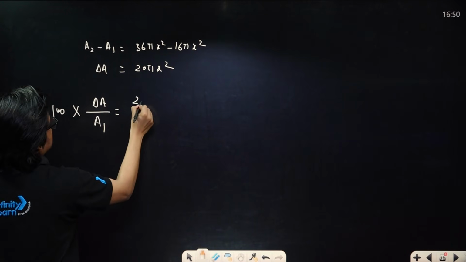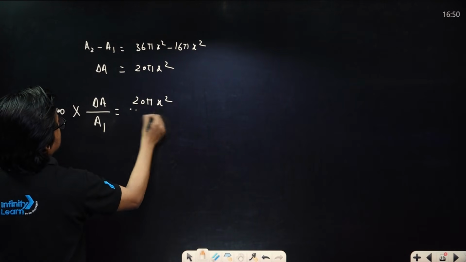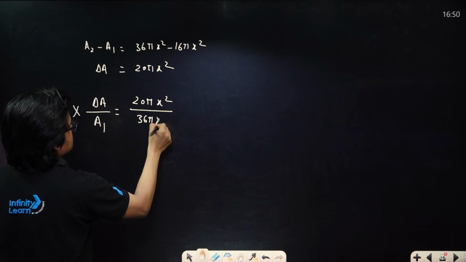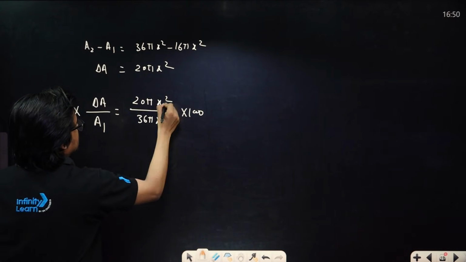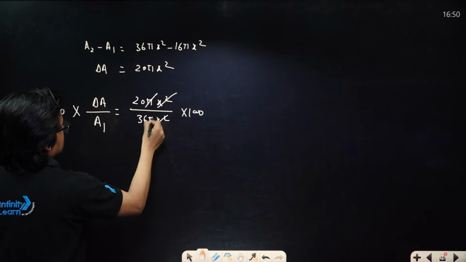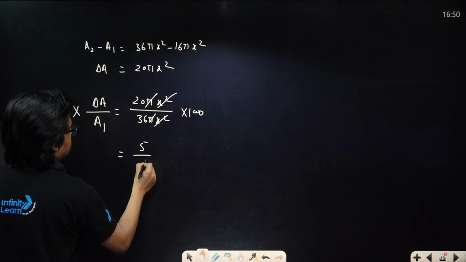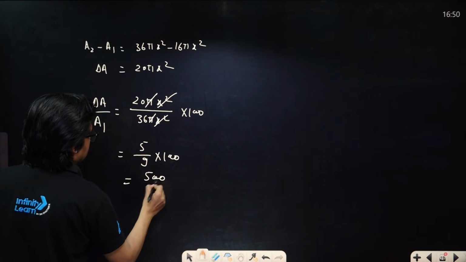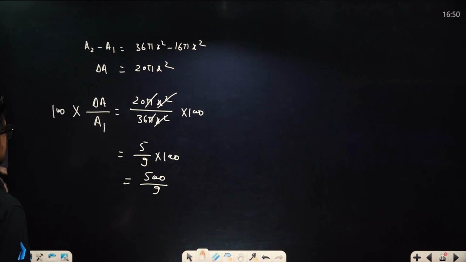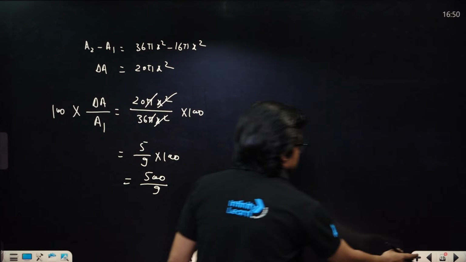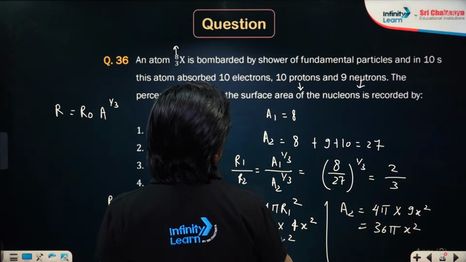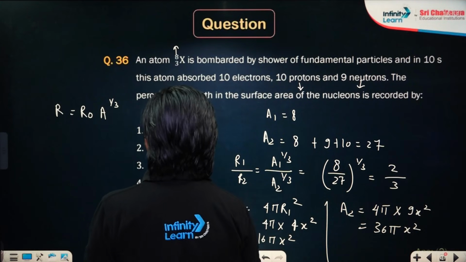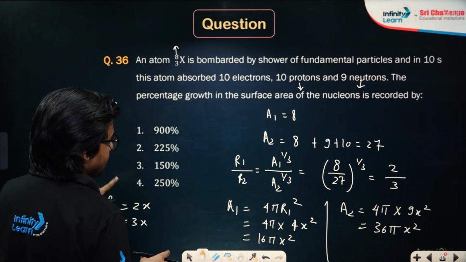So this is 20 pi x square divided by 36 pi x square into 100, x square and pi both cancelled out, you are left with 5 by 9 into 100. That is 500 by 9. So let us see how much is the change. Percentage growth in the surface area of the nucleons.